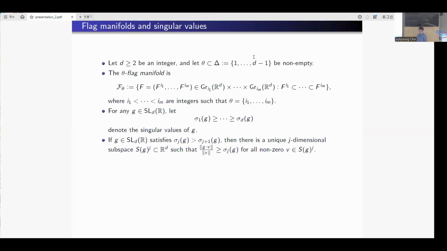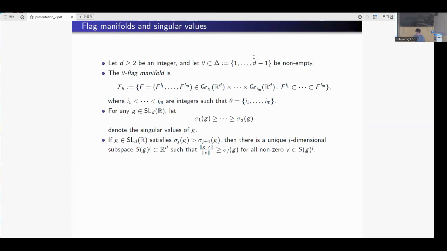So here's a linear algebra fact: if you take any element g in SL(d, R), and it has the property that the j-th singular value is strictly larger than the (j+1)-th singular value, then there is a unique j-dimensional subspace of R^d, which I denote by S_g^j, with the property that if you take any vector in that subspace and you apply g to it, its length is stretched by at least the j-th singular value of g. Okay, so the uniqueness is where you need the strict inequality.